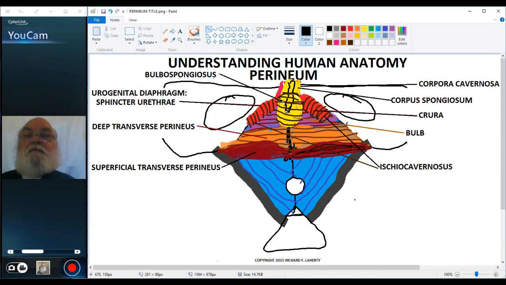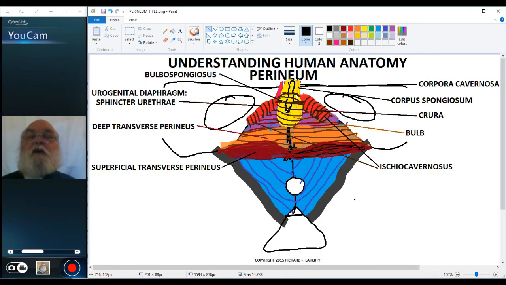And then we have the bulbospongiosus muscle, which wraps around the bulb, and when it contracts, it will squeeze the bulb and the urethra, and it aids in ejaculation.